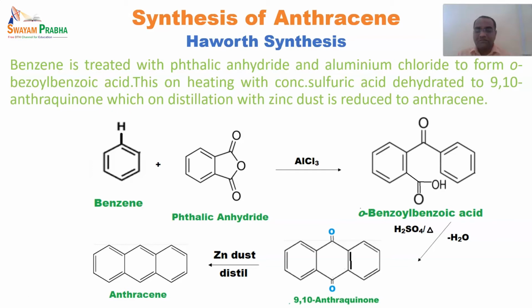So conditions are maintained anhydrous by utilizing different types of reaction setups, such as a guard tube containing calcium chloride at the condenser end, or balloons of gases which are inert in nature like argon.